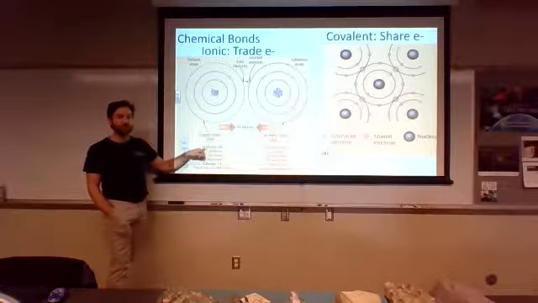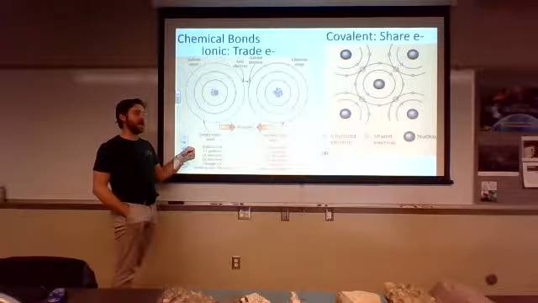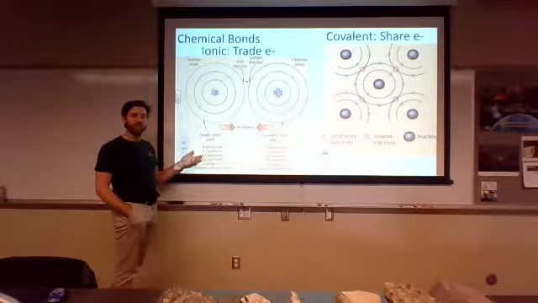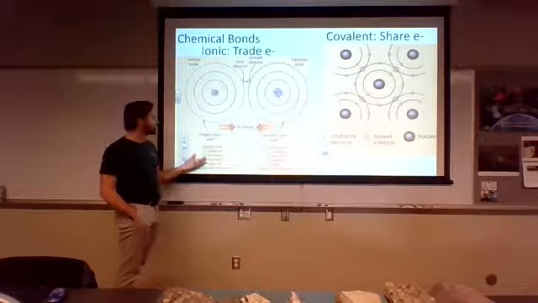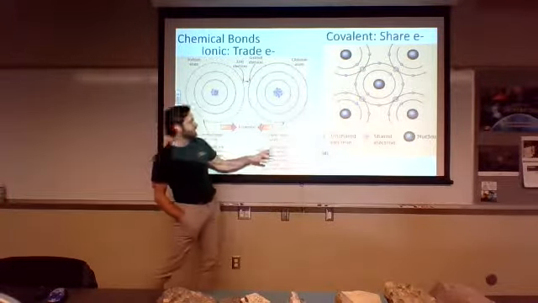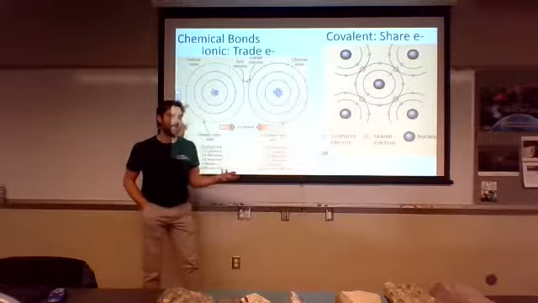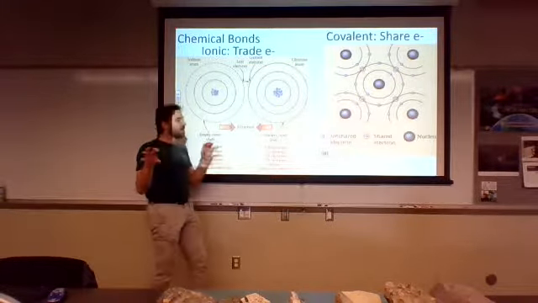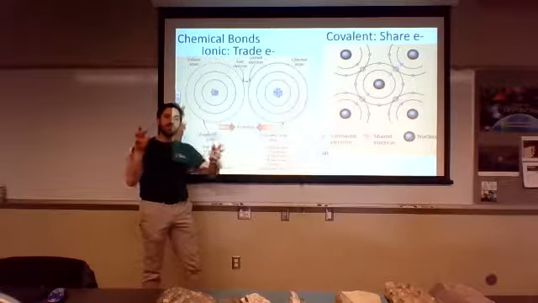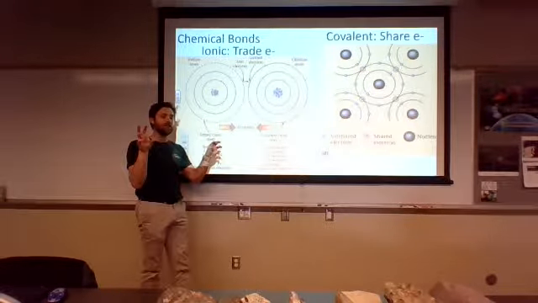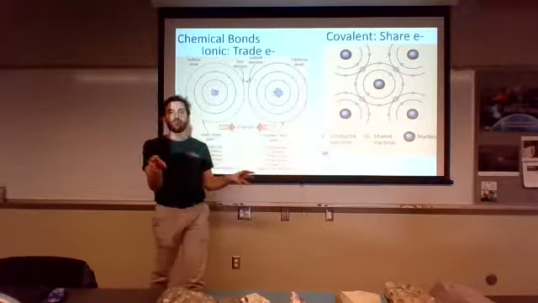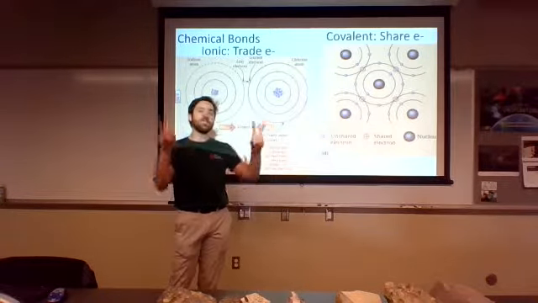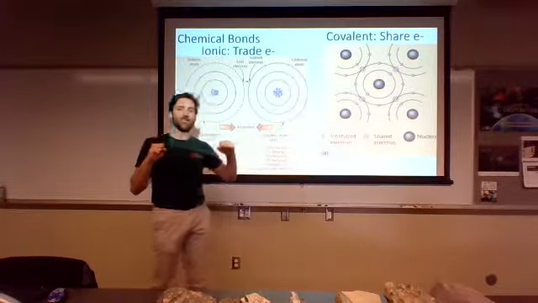cation sodium. Again, this has a deficiency of electrons, so it's positively charged. And then over here is a chlorine atom that has a surplus of electrons, so it's negatively charged. Now, either of those individual atoms or elements are not necessarily, I'll be anthropomorphic here, happy in that situation, right?